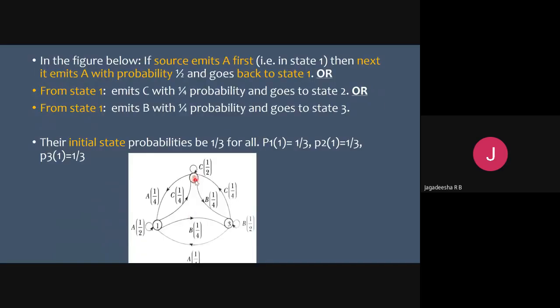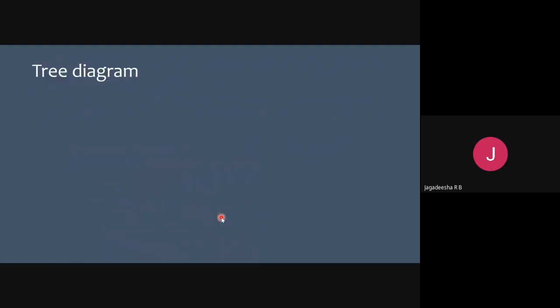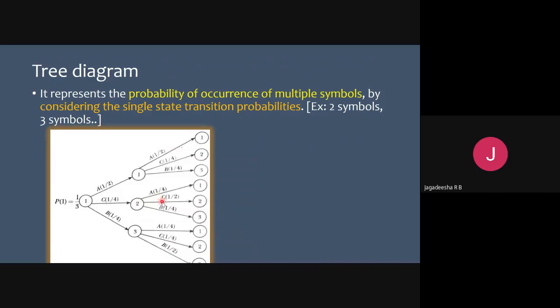From state 2, it can go to state 1, or it can come back to state 2, or it can go to state 3. Okay, so what are the symbols generated? A, C, and B. From state 2, A, C, and B, then it will be transiting to the next states of 1, 2, and 3, right? This is what we have seen.